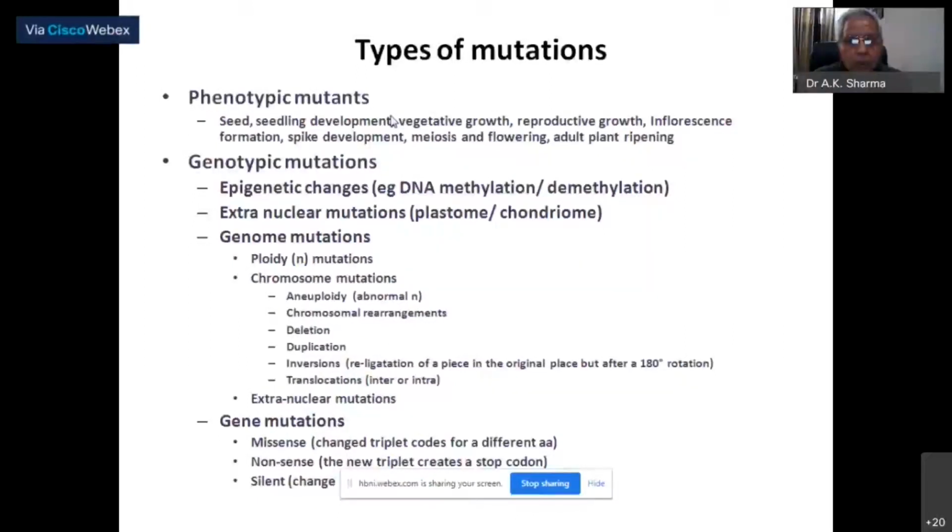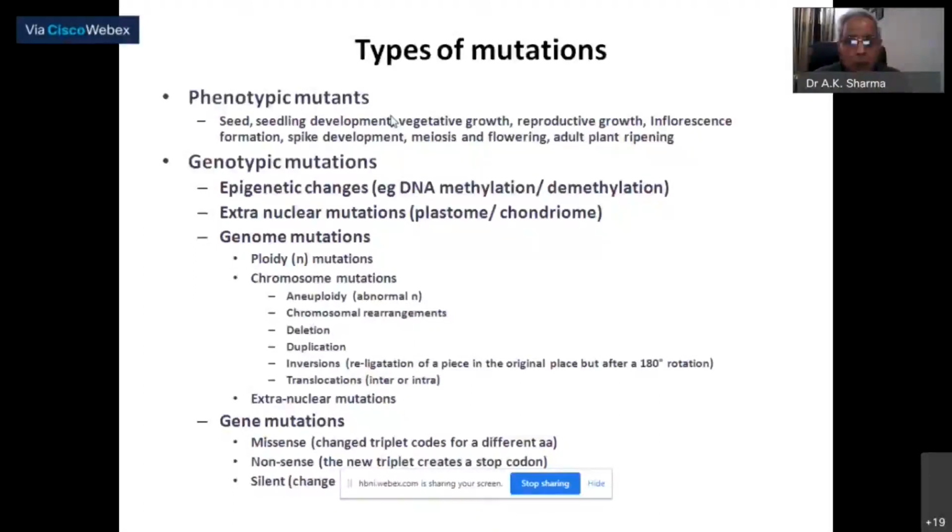Some bases which were methylated have become demethylated, or there could be extranuclear mutations. That means there are mutations which are not in the main chromosome, but in, for example, in plants, the photosynthetic material where there are plastosomes, which have DNA. Even in mitochondria, there is DNA.